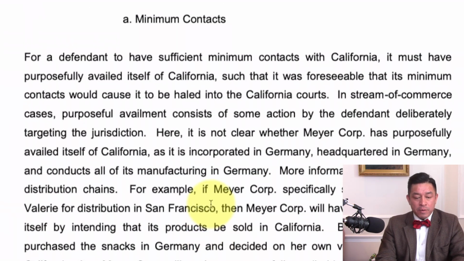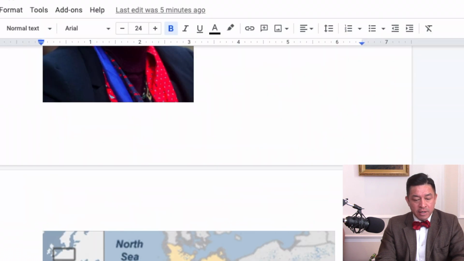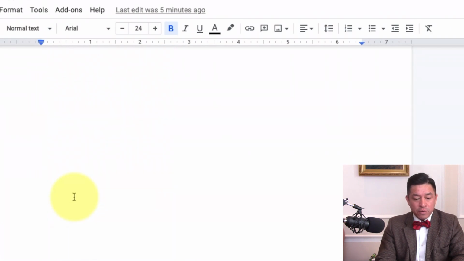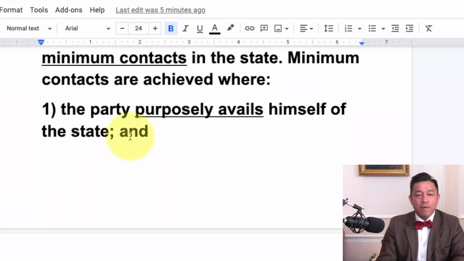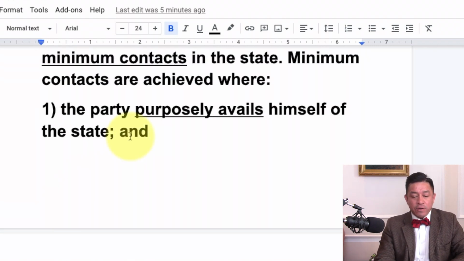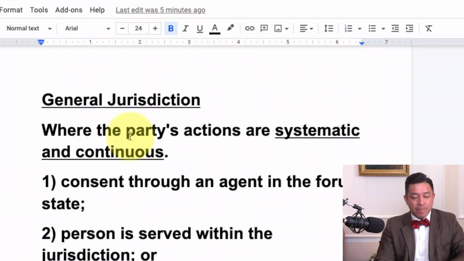So the common elements under specific jurisdiction are foreseeability and purposeful availment. The key here is to have a template like this ready to go, because personal jurisdiction is a legal concept that is tested at high frequency.